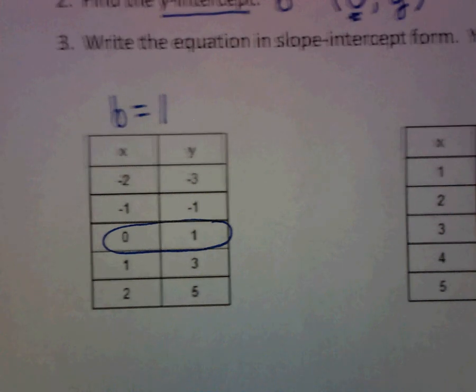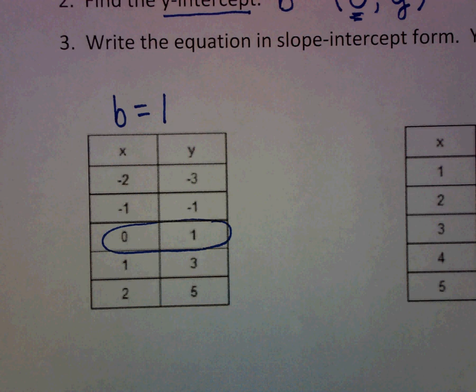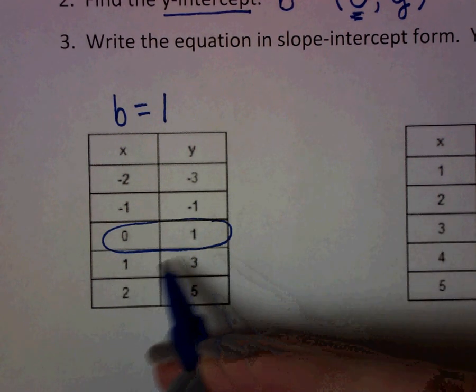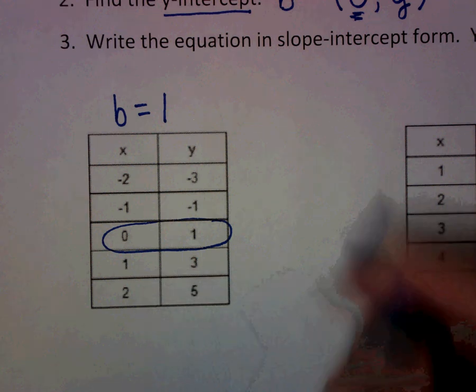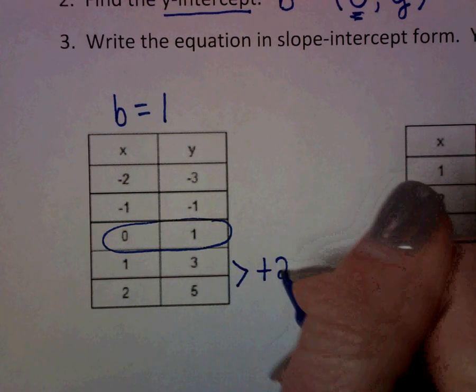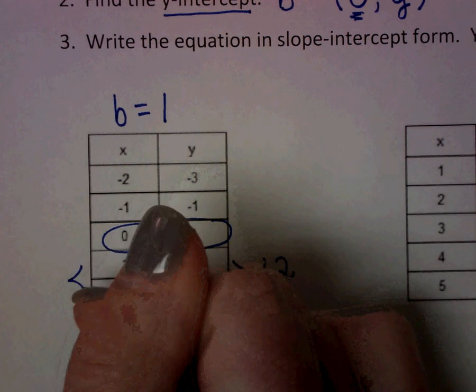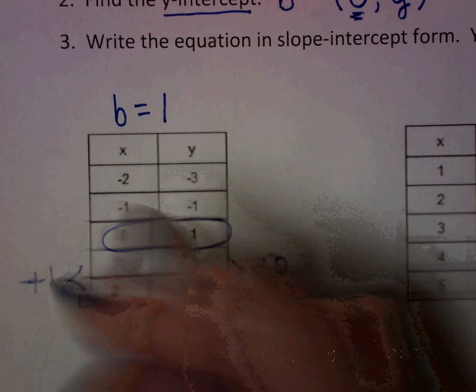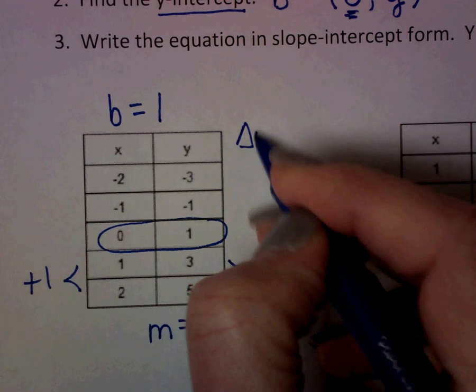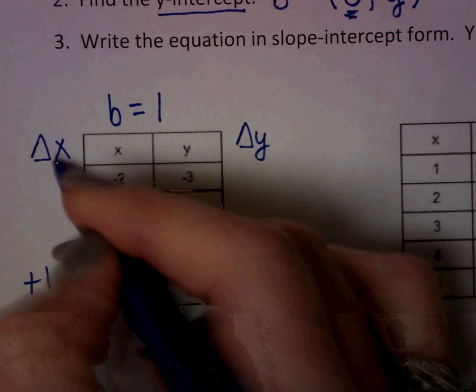Remember, you can pick any 2 points you want from the table. I'm going to pick these bottom 2 because all the numbers are positive, and that makes it a little bit easier. So to go from 3 to 5, we're adding 2. To go from 1 to 2, we're adding 1. Remember, our slope is the change in y over the change in x, rise over run.